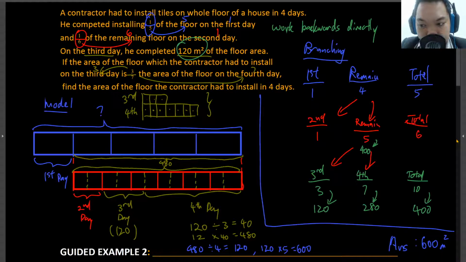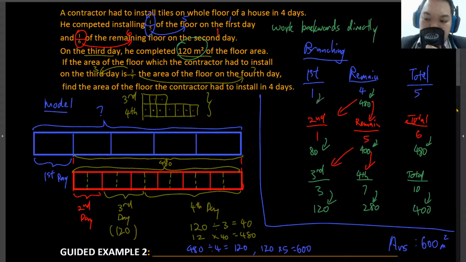So 400 divided by 5 will give us 80 over here. And if we sum them up, we will obtain 480 meters squared over here. So this remainder came from the blue 4. And if this blue 4 is 480, we can find out one of these blue blocks first, and then we can find out the total of these 5 blue blocks value.